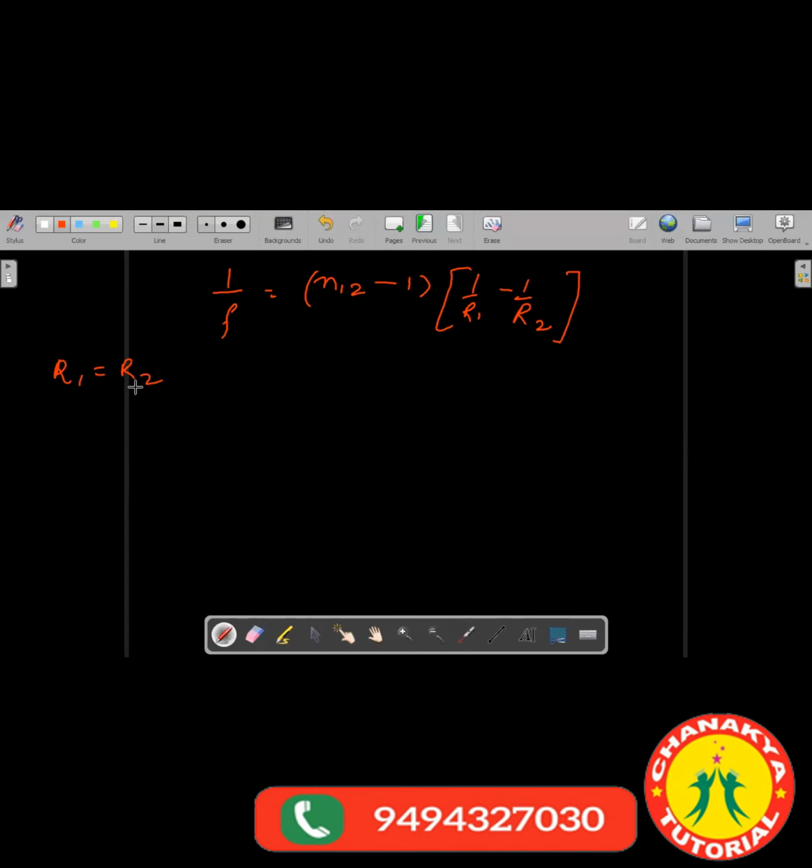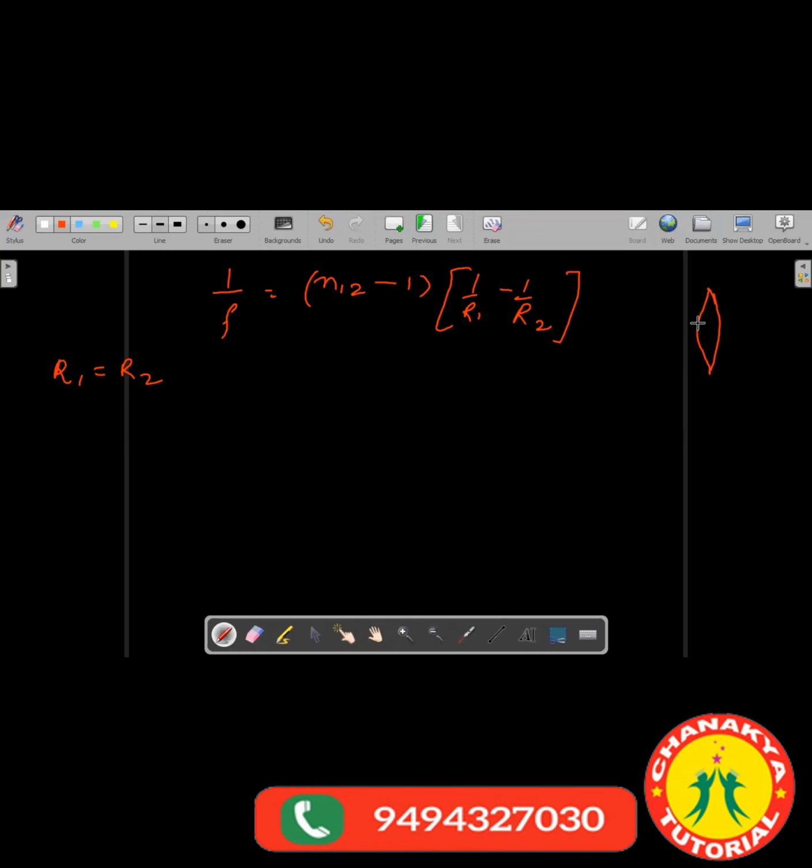What value will we get for the focal length? Can you simplify the expression? For a double convex lens, what should be the relationship? How will we obtain it?